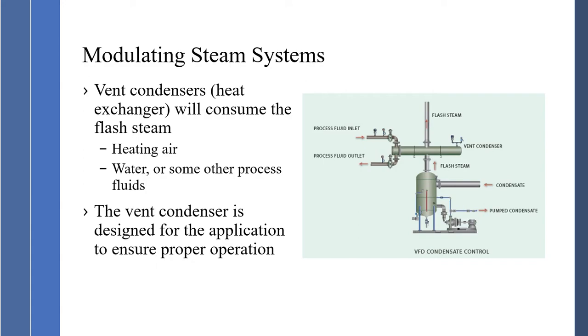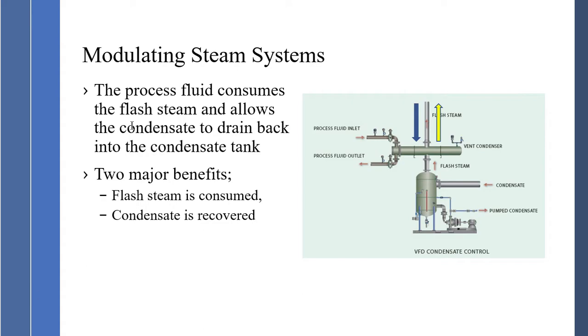As you can see, the vent condenser will consume the flash steam by heating air, water, or some other process fluid, some fluid that we can consider to be, quote-unquote, the heat sink. The process fluid would consume the flash steam energy and allow the condensate to be drained back into the condensate tank.